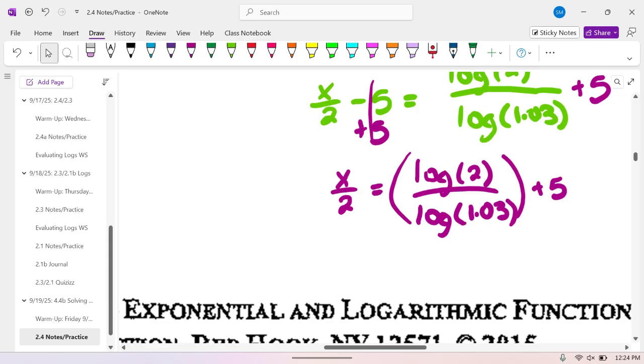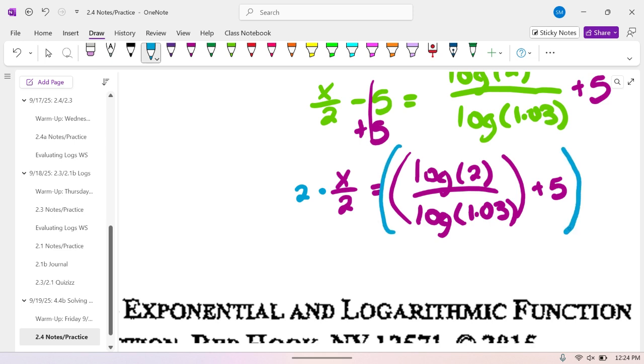And then Layla, what's my last step? You have to put that on that side and change your parentheses so you can multiply it by 2. Right. So we're going to multiply by 2 to both sides, and we got to multiply 2 to all of this.